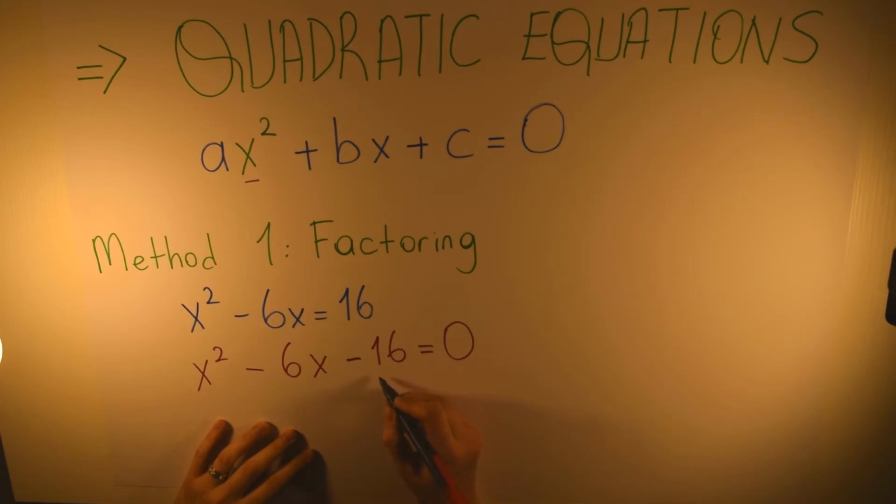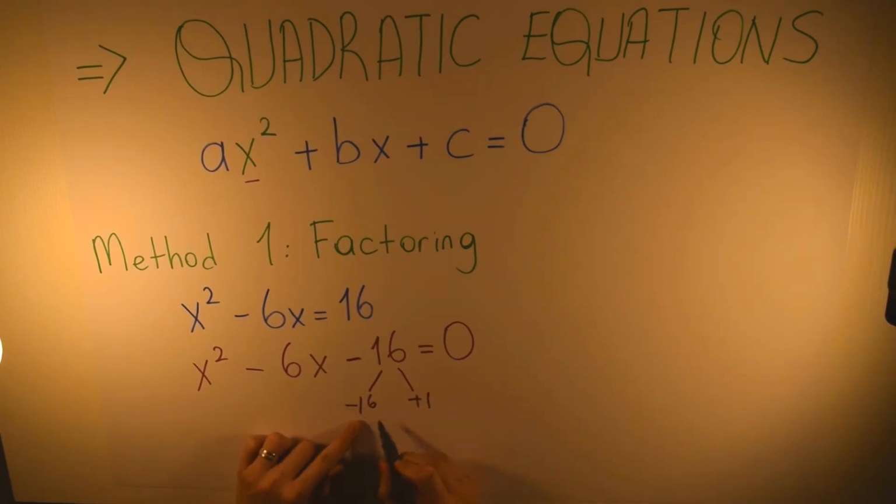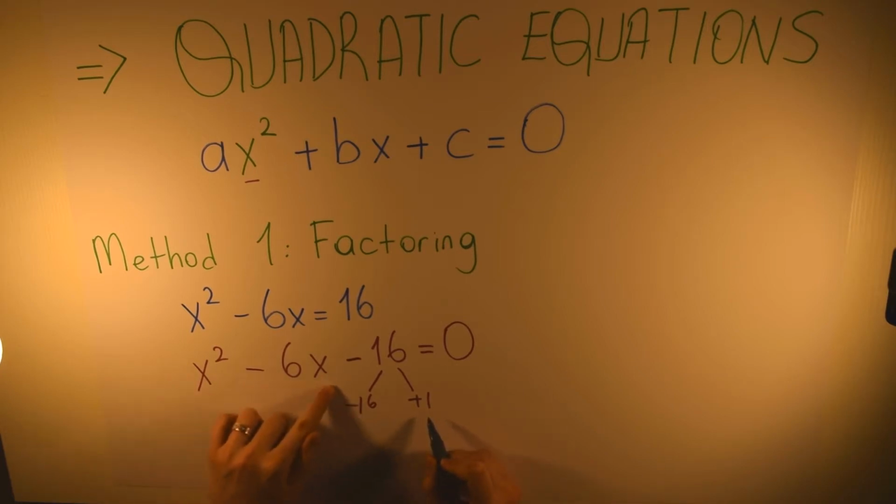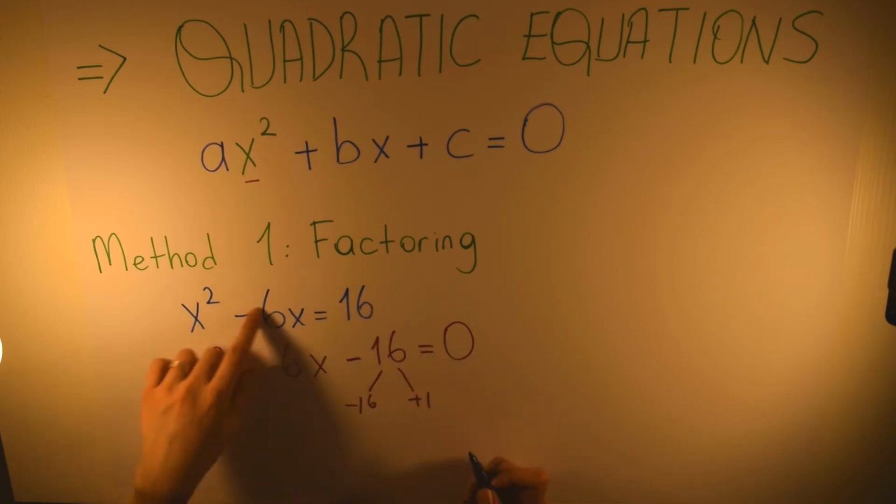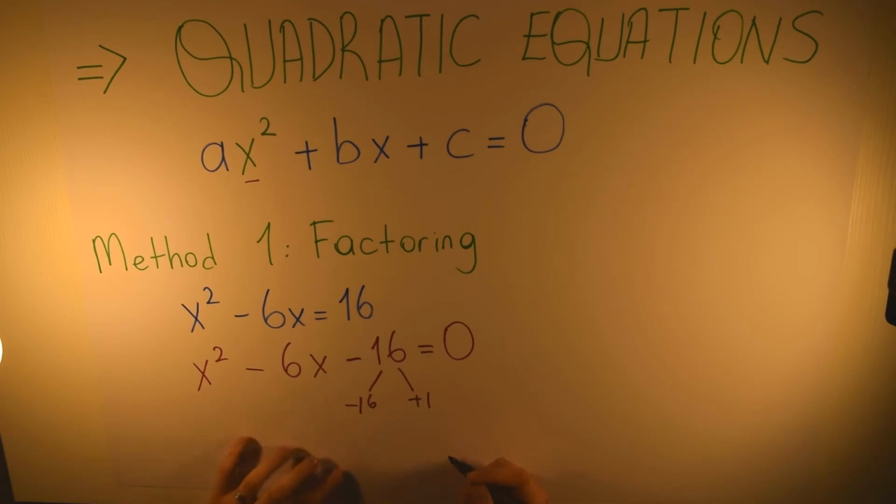Let's try, for example, minus 16 and plus 1. When you multiply minus 16 and plus 1, you get minus 16, right? But when you sum them up, minus 16 plus 1 is minus 15, which is not equal to minus 6. I should get minus 6 in order to solve this equation.